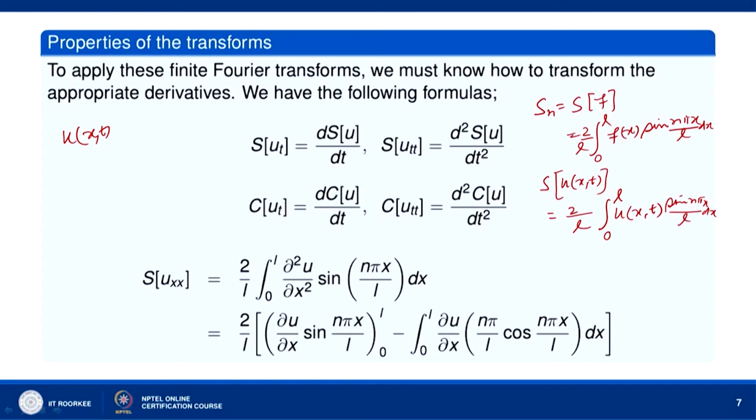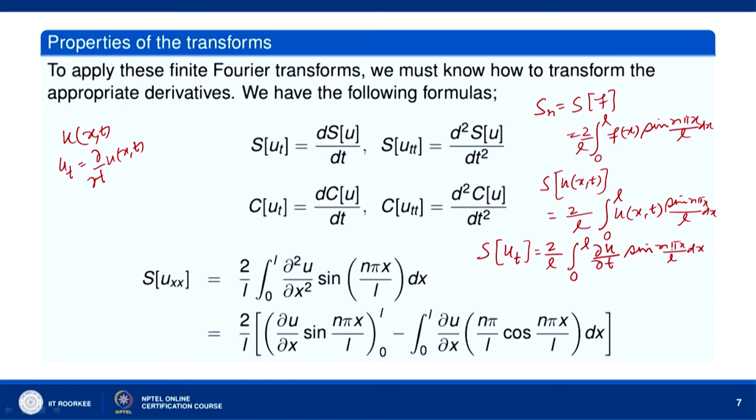Okay. Now, if you want the sine transform of ut, ut is the partial derivative of u(x,t) with respect to t. So, S of ut is equal to 2 over L integral 0 to L, in place of u(x,t) now we will have ut, the partial derivative of u with respect to t, into sin n pi x over L dx.